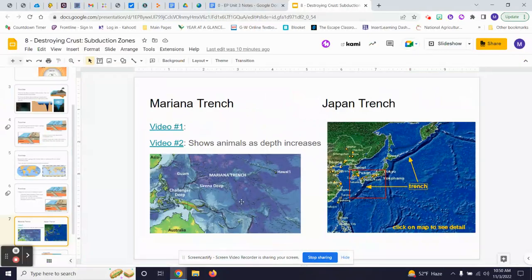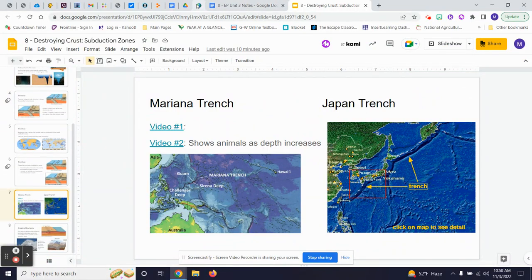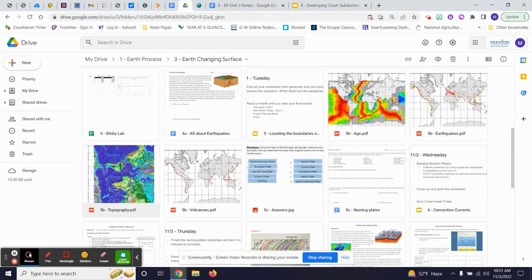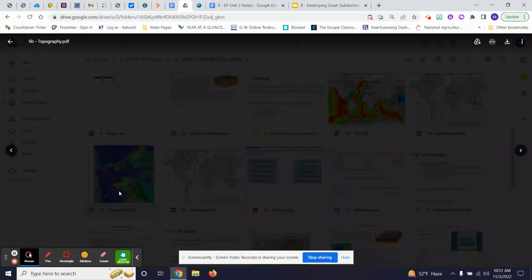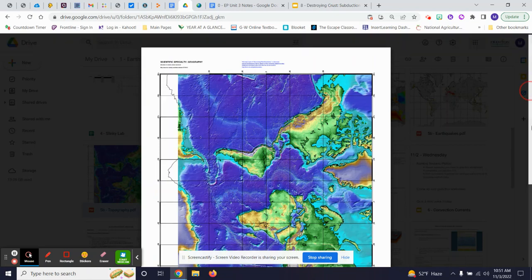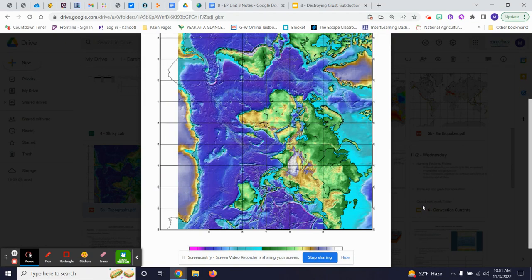You can also see, if we go back, I don't think I put it in there, but if we go back and look at our topography, and of course it's kind of tilted, the Mariana Trench, you can see over here.